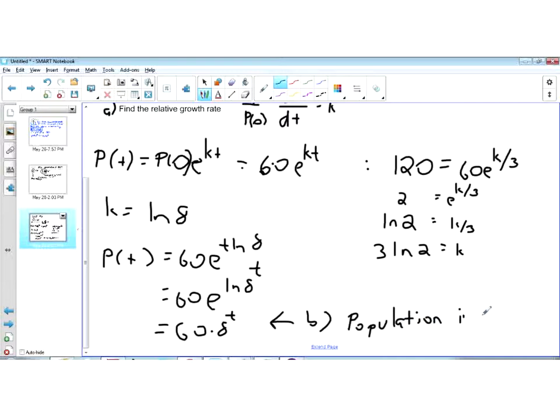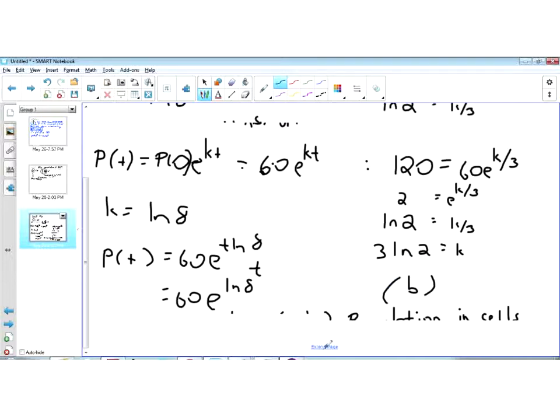The problem sequence got a little out of sync here, so let me make sure you follow that. It's a little weird the way it got jumbled up. So that's part B.